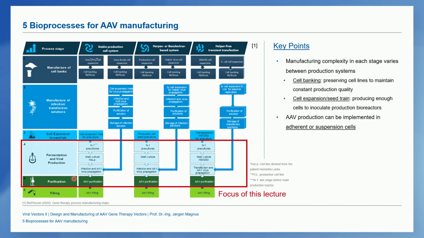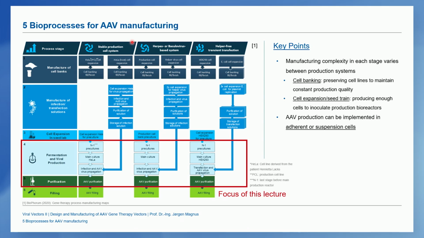And looking at the stable production cell line, and just to give you an overview of the differences here, as I mentioned, the HeLa cell line is typical when you make production cell systems. Here you would have to do all the cloning work, and you would have to establish the cell bank, and you have to establish a master cell bank that is also GMP qualified. That takes a lot of effort.